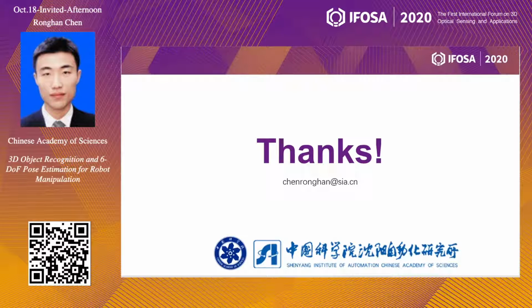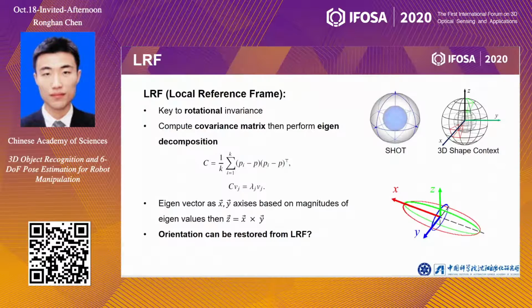Okay, I have one question. You mentioned that in the traditional method called LRF, when you estimate the orientation of the object, you use the eigenvector, right, to estimate the orientation. But you said that for this dataset, if the shape is locally symmetric, it will have ambiguity, right? Yeah.